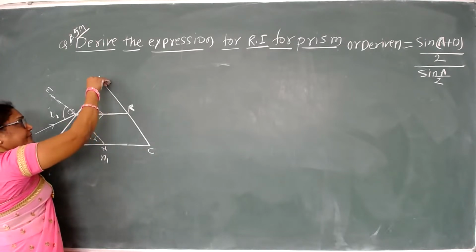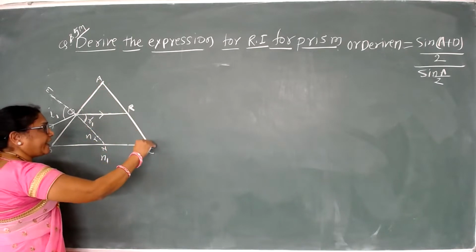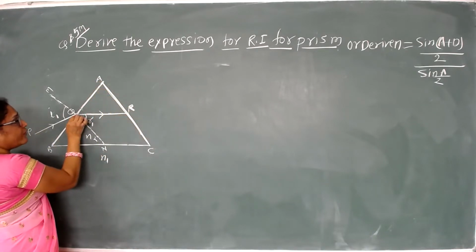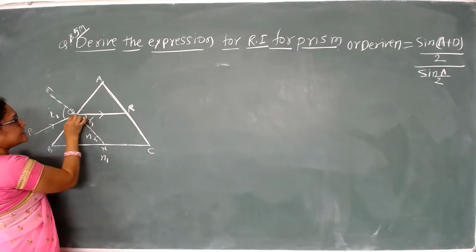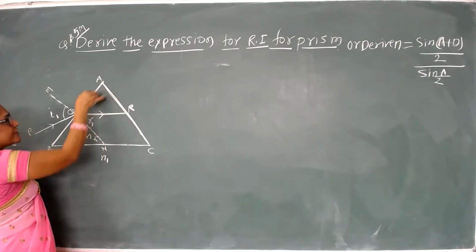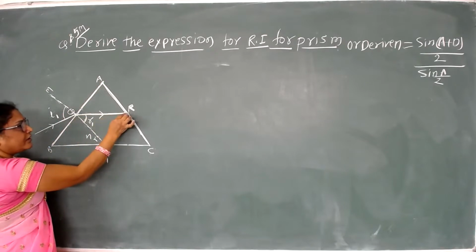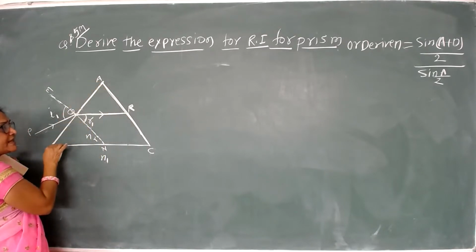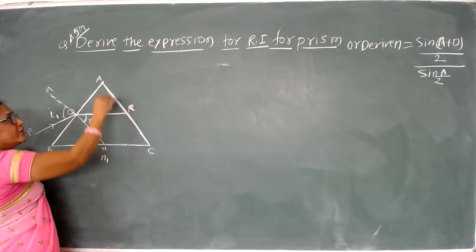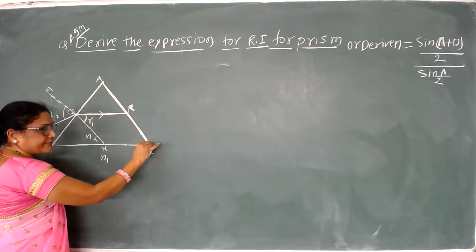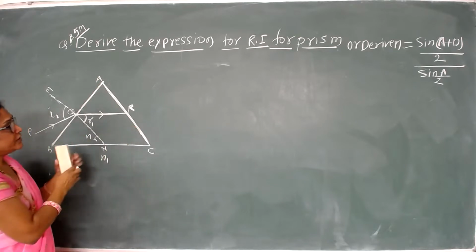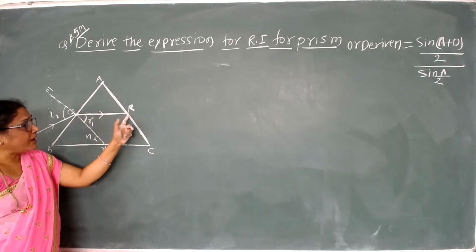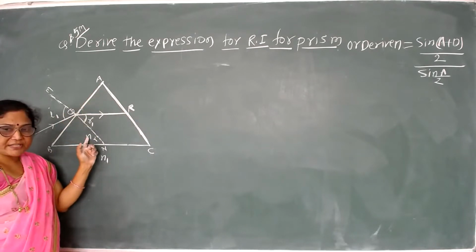Let's see the second surface AC, where AB and AC both are the refracting surfaces. So QR be the ray of light which is refracted from the first surface, and QR be the ray of light which is incident on the second surface. QR be the incident ray for the second surface, and QR be the refracted ray for the first surface.